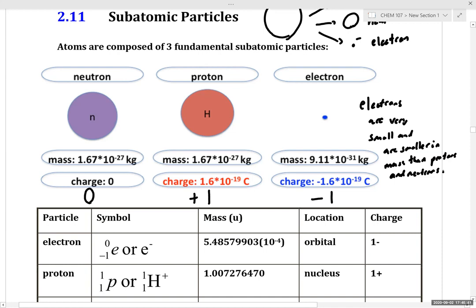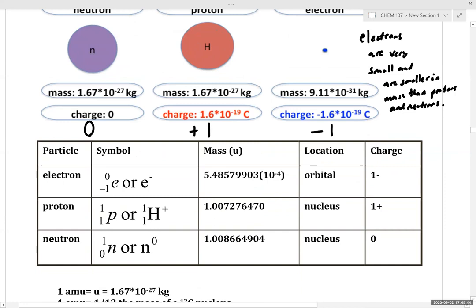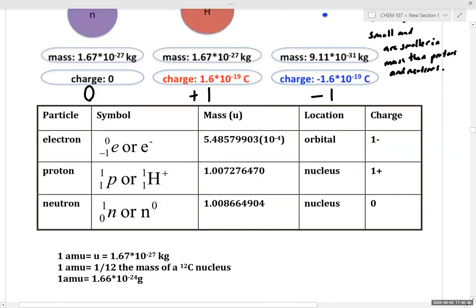Okay, so in terms of symbols, an electron is written as e-. A proton can be written as H+ or p+. A neutron is written as n0. So these are ways of representing and describing protons, neutrons, and electrons. Again, electrons have a charge of -1, protons have a charge of +1, neutrons have no charge.